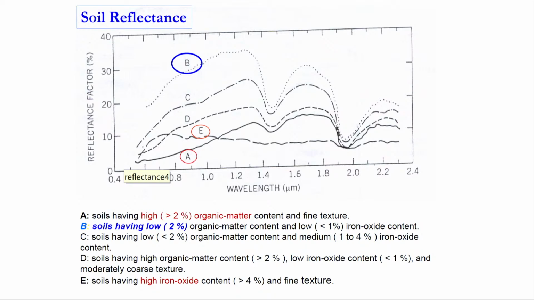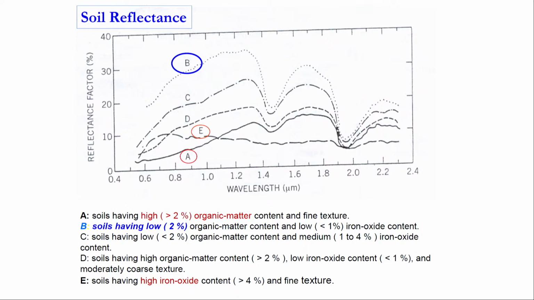So those compositions affect your reflectance. You can also get information on salt concentration or nutrient concentration present in the surface soils, which will attenuate the reflectance characteristics of soil.